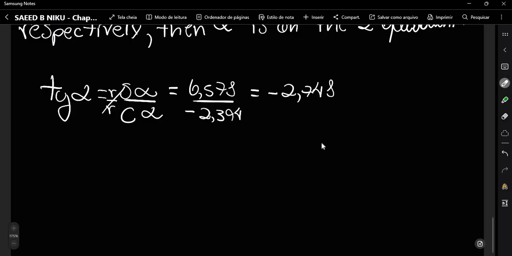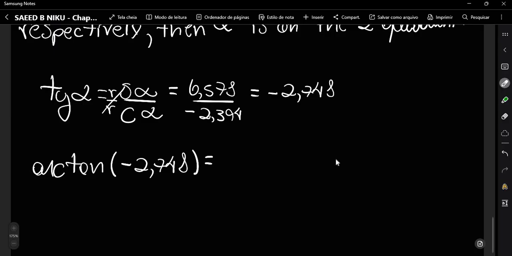And this example from the second edition is not using the notation atan2. It doesn't even calculate using arctangent notation. Okay, so it is arctangent of minus 2.748, and that is equal, oops, alpha is equal to arctangent.